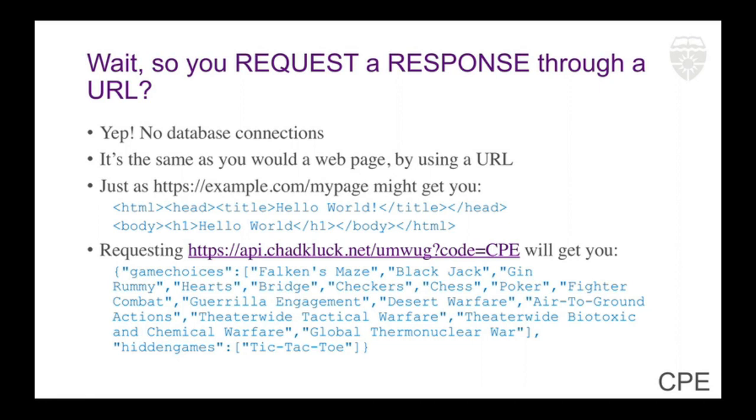Firefox, if you start entering in URLs and getting arrays, puts it out nicely in a stylized sheet, where you can actually see the arrays very nicely rather than just one long text string. So browsers are even starting to show it just like they do RSS feeds, colored and stuff like that. Just as you would request a web page and look at the source code there, you would request an API and you get back information.